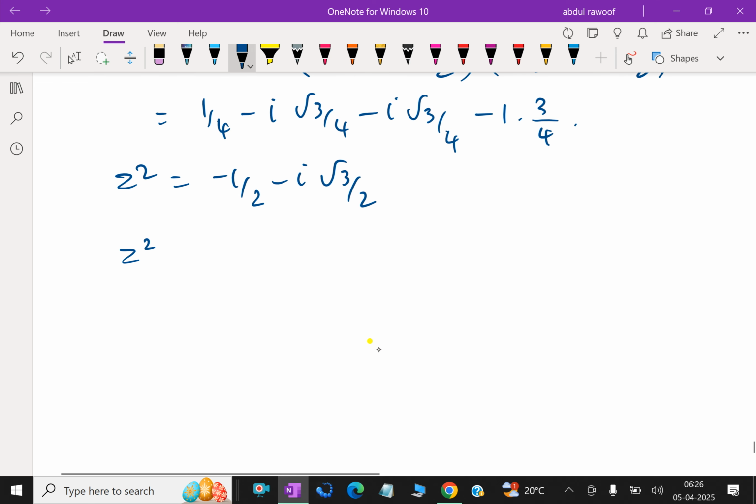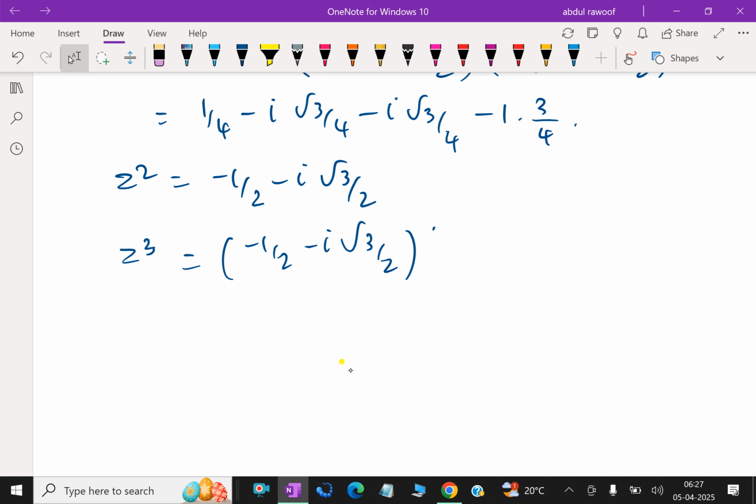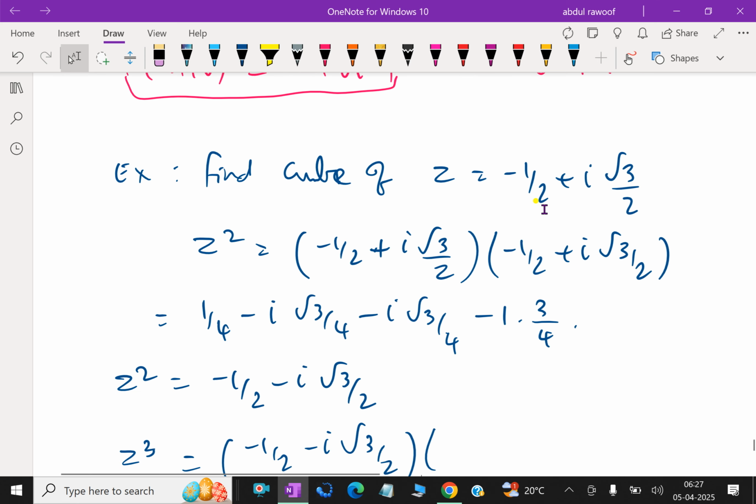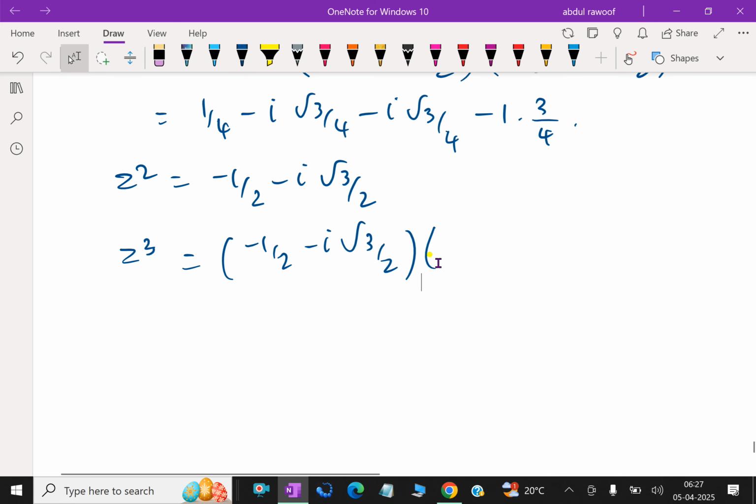Now z cube is nothing but z square into z. Z square we already got: minus half minus I root 3 by 2, into the original z, which is minus half plus I root 3 by 2.